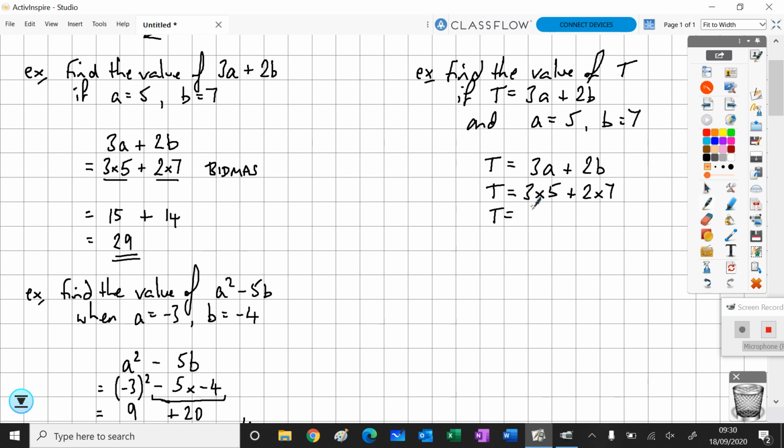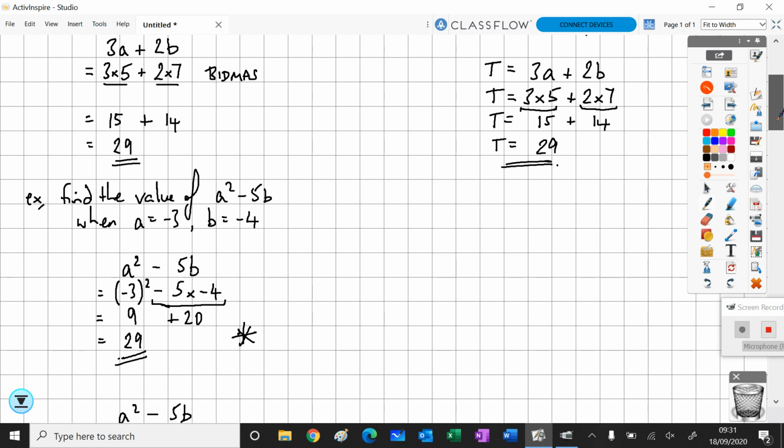That makes 15. That makes 14, and there's a plus in there. So t equals 29. Huge similarities with this first one, but it is different, and it is quite an important difference.